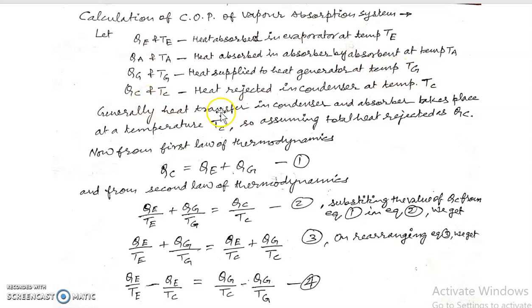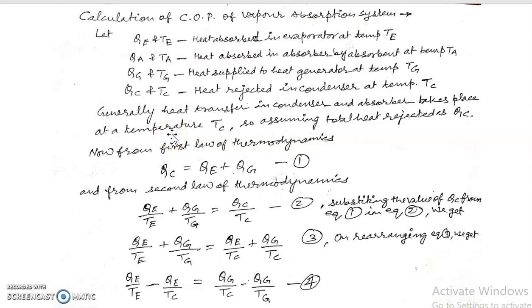QC and TC are the heat rejected in the condenser at temperature TC. So in this way, 2 heats are rejected, that is in the condenser and absorber, and 2 heats, that is QE and QG, are received, one in the evaporator and another in the heat generator.